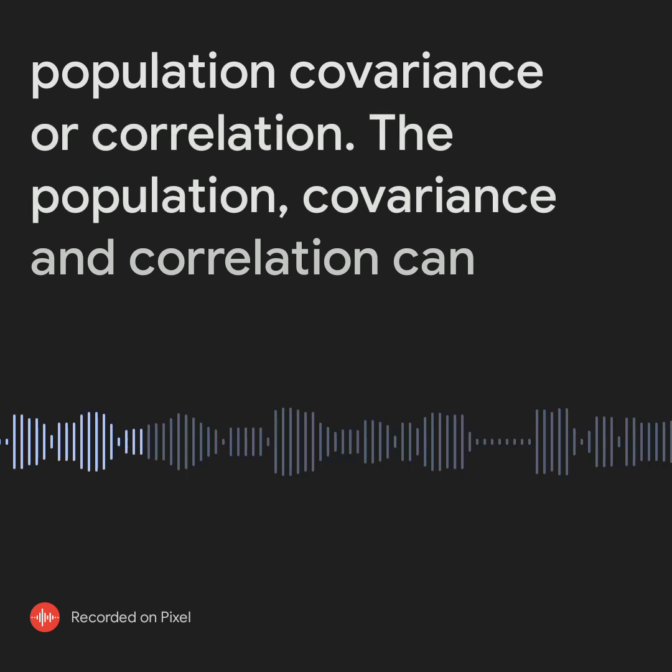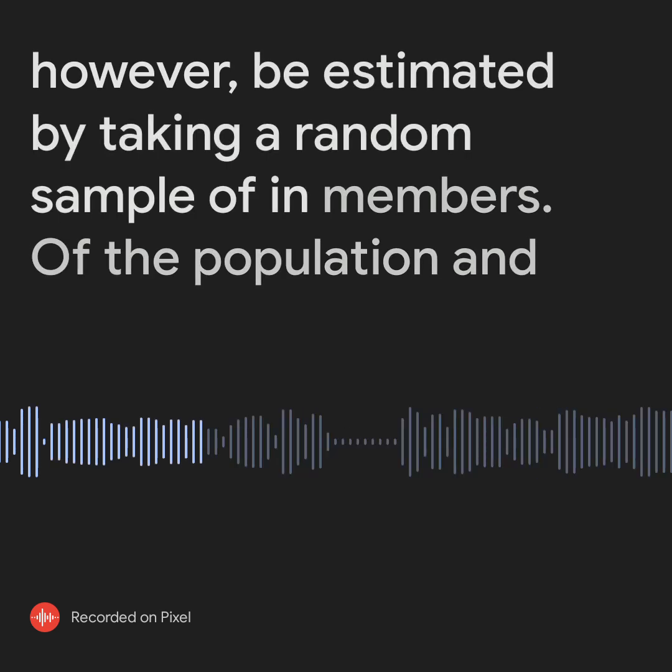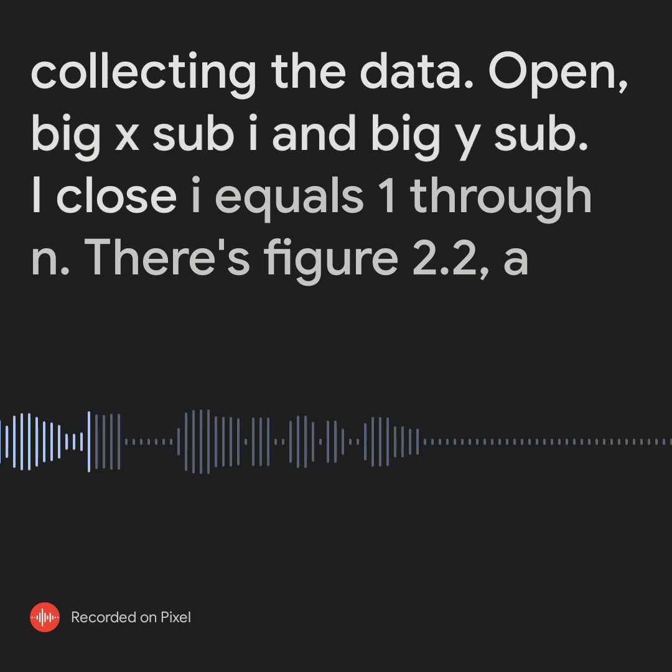The population covariance and correlation can, however, be estimated by taking a random sample of n members of the population and collecting the data (X_i, Y_i), i = 1 through n.